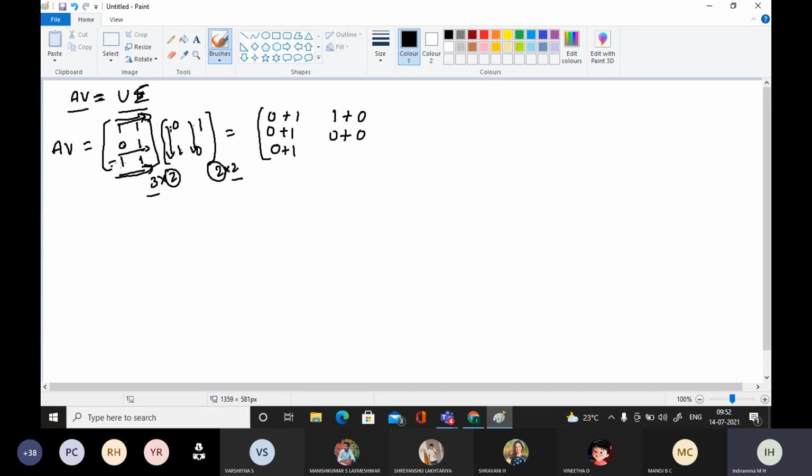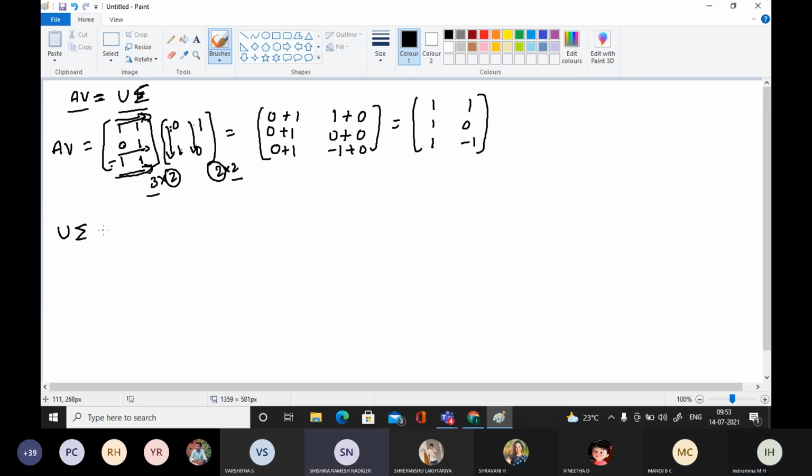Third row, second column: minus 1 into 1 is minus 1 plus 1 into 0 is 0. So what we got: 1, 1, 1, 0, 1, minus 1. Is it correct? Yes, ma'am.